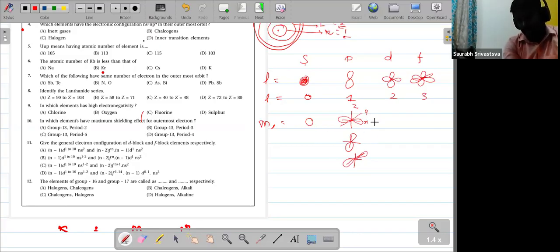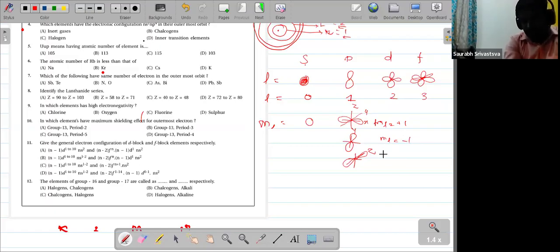If it is X direction, then ML value equal to +1. Next, if it is Y direction, and this one is the Z. If it is Y direction, ML value equal to -1.